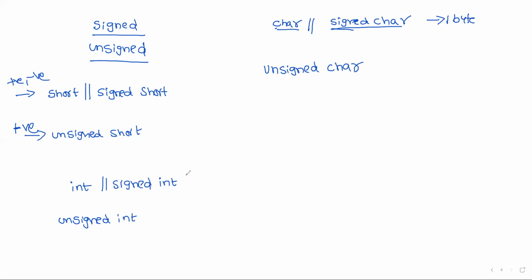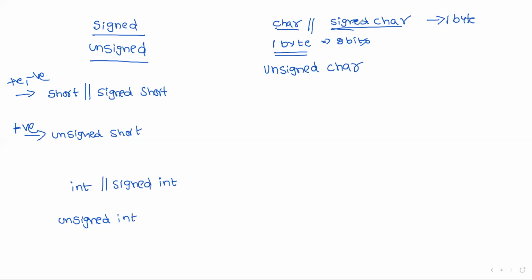Now you already learned the size. Now you have to find out the ranges. So for character, it occupies 1 byte. 1 byte in the sense, how many bits? 8 bits. So it is a signed character.